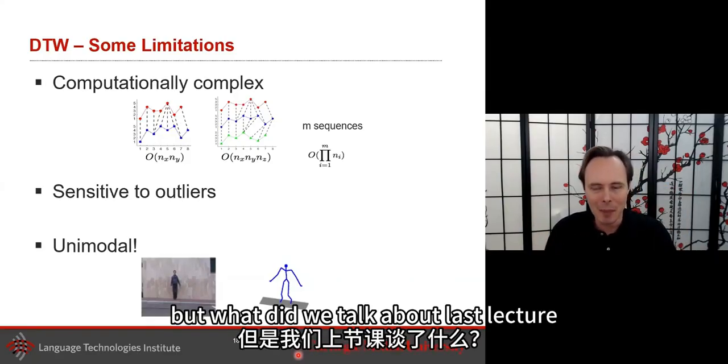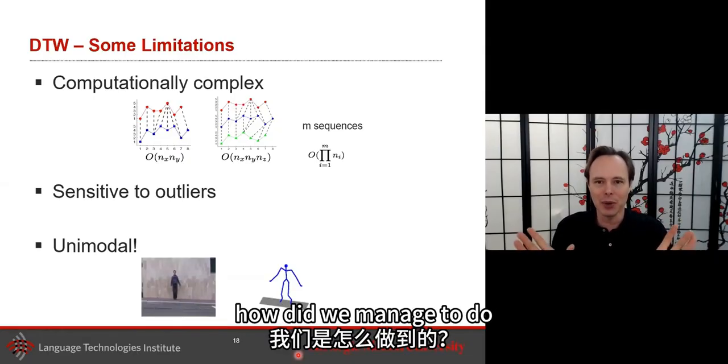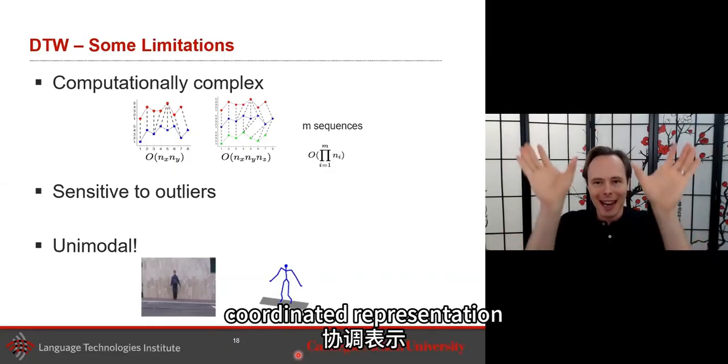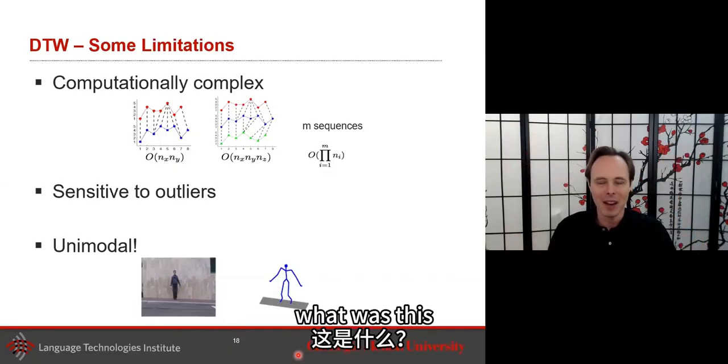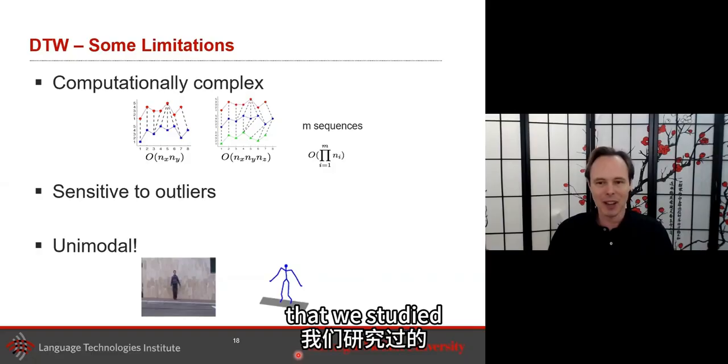But what did we talk about last lecture? How did we manage to do coordinated representation? What was one approach for coordinated representation that we studied?